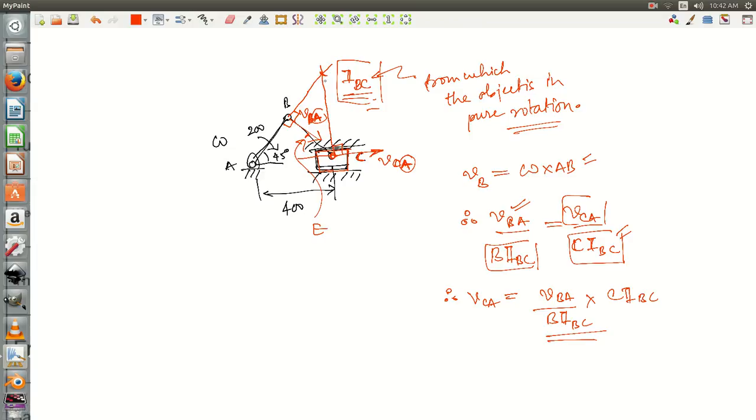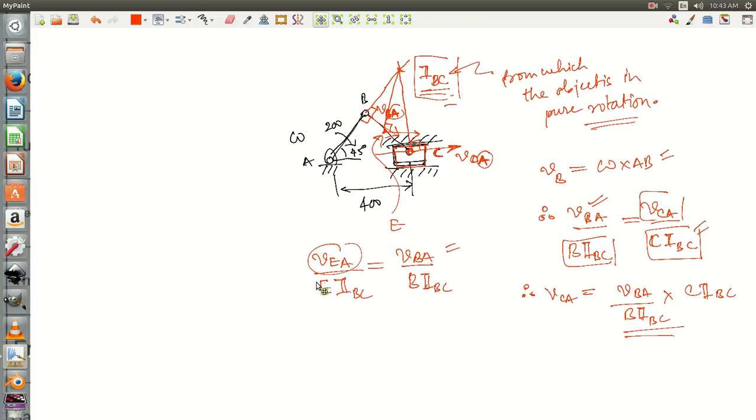So this will be nothing but the line joining this point, and it will be perpendicular to this in this direction, such that velocity of E with respect to A divided by E I_BC is equal to velocity of B with respect to A divided by B I_BC. Hence we can easily find out the velocity of E with respect to A.